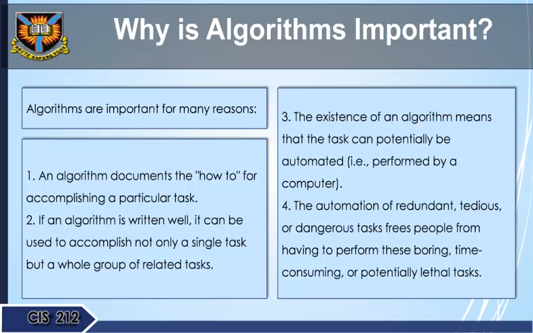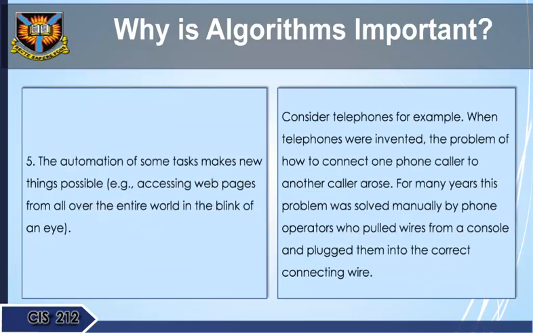The automation of redundant, tedious, or dangerous tasks frees people from having to perform these boring, time-consuming, or potentially lethal tasks. The automation of some tasks makes new things possible. For example, accessing web pages from all over the entire world in the blink of an eye.